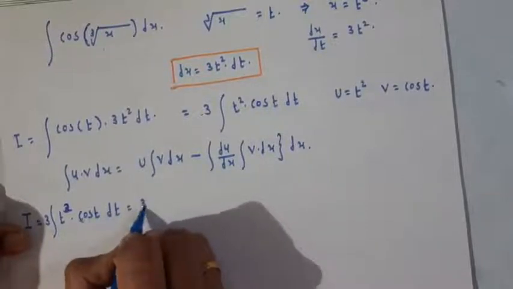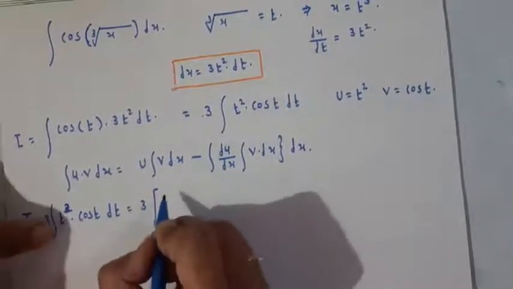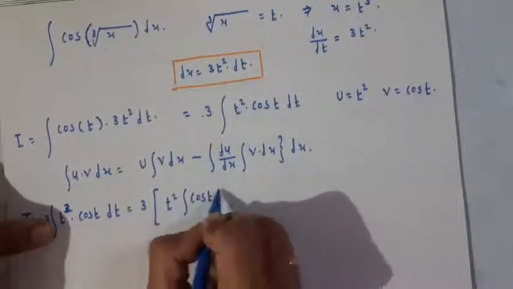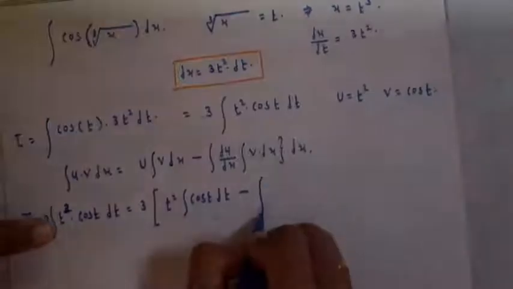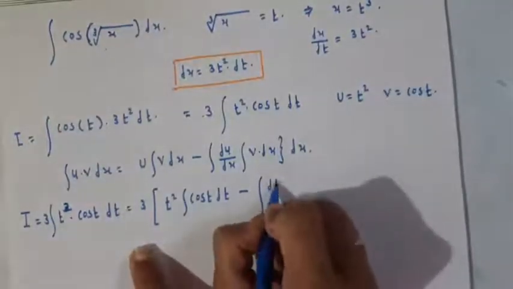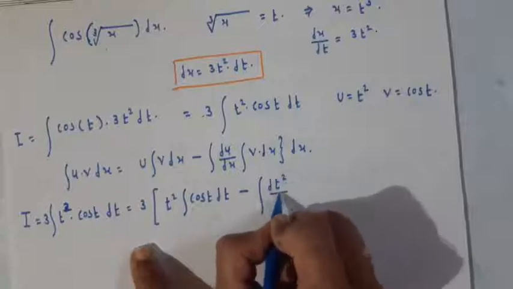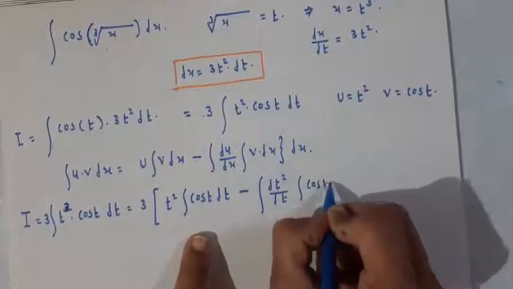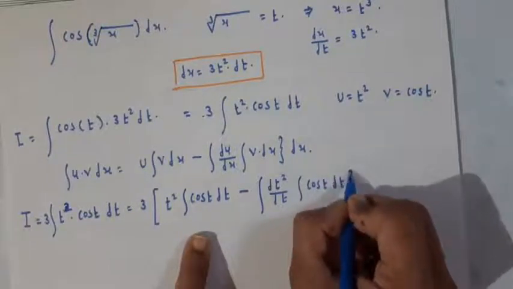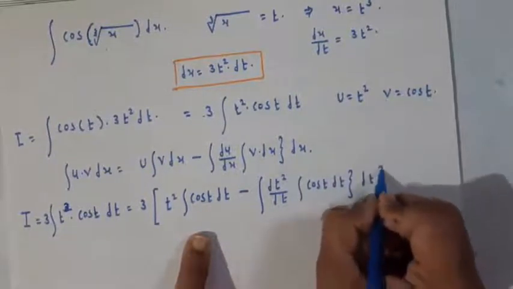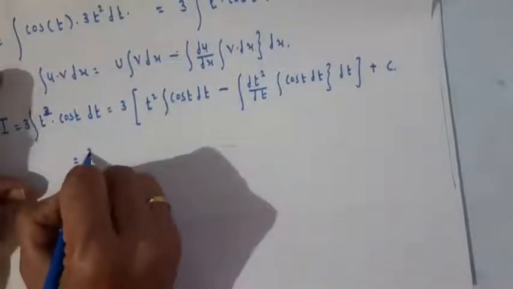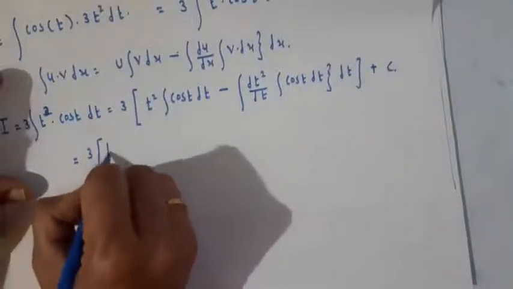This is equal to 3 as a constant, t square times integration of cos of t with respect to t, minus integration of the differentiation of t square with respect to t times integration of cos of t with respect to t, and whole integration with respect to t, plus constant of integration c.